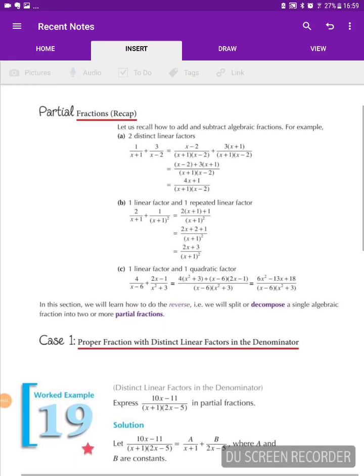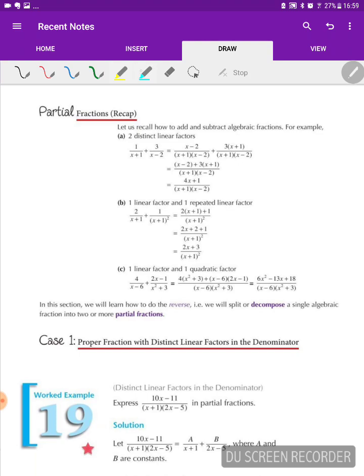Okay, alright. So now we are going to go straight into partial fractions. The first question I want to ask is, have you learned partial fractions before? Of course, you have not learned, but have you done something like this in lower sec?